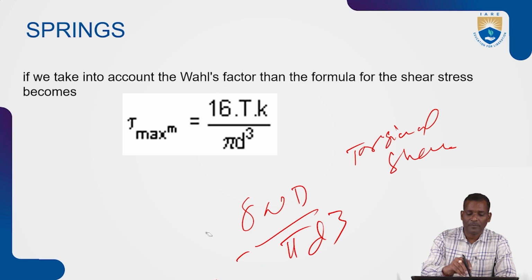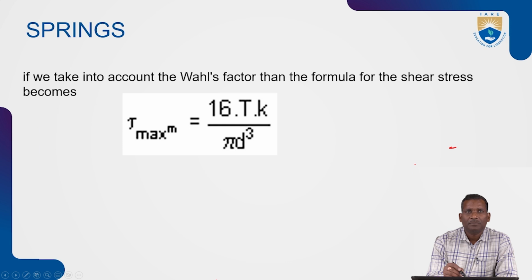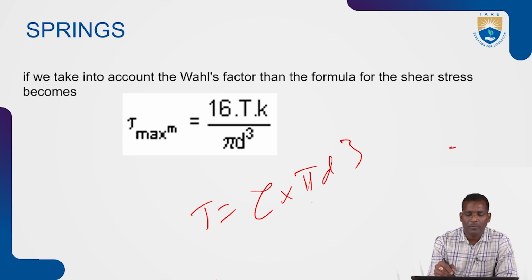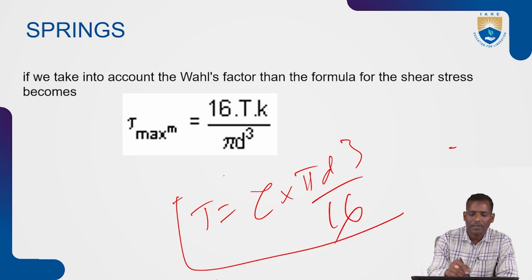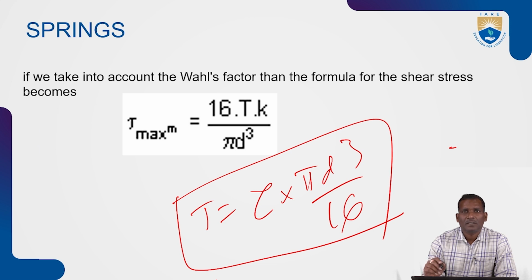Torsional shear stress. But whenever we are calculating direct shear stress, T is equal to shear stress into pi d cube by 16 for a circular shaft. Shear stress multiplied with pi d cube by 16 gives the torque.